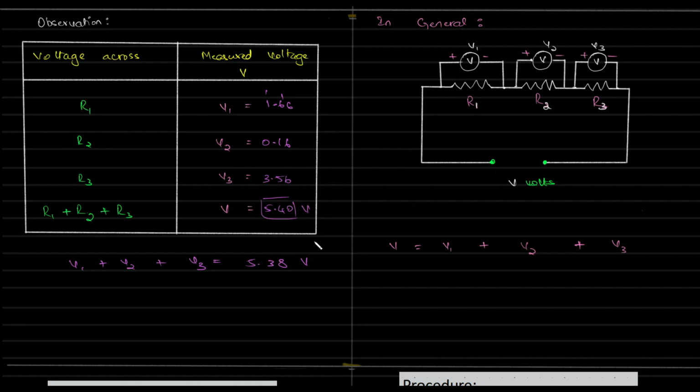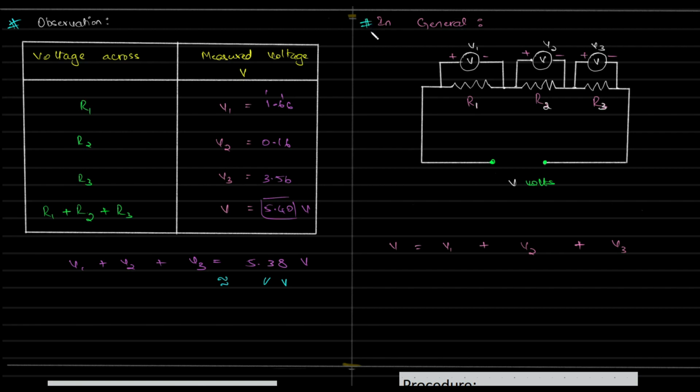So you can see both the values are approximately equal. This sum is almost equal to the actual voltage across the ends. So this is what the whole experiment is about. Got it? That's it. Individually, when you add up the voltages, it will be equal to the total voltage that is supplied across the resistors.